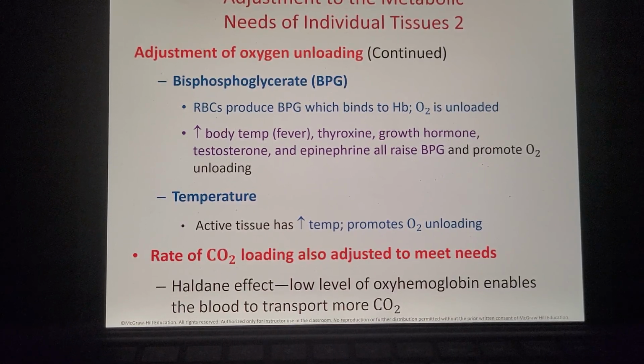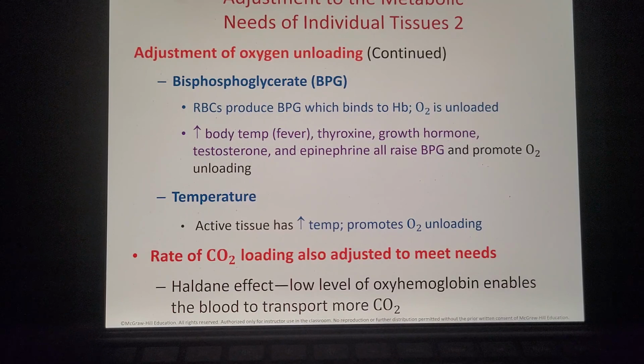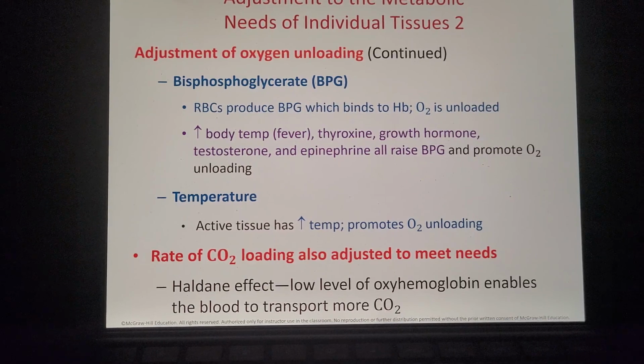But that also means we need to carry off more carbon dioxide because that active tissue is making even more of it. So the increased levels of lower oxygen-carrying hemoglobin is going to allow us to pick up even more carbon dioxide so we can take it to the lungs and get that out of our system because we don't need it. We've got too much. We've been being active. Okay.